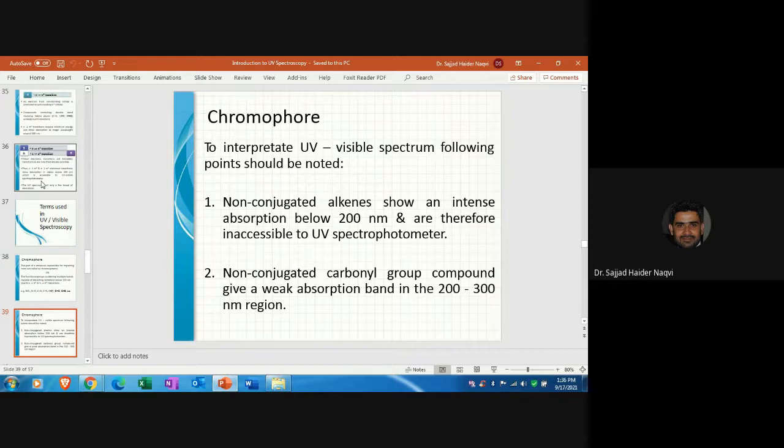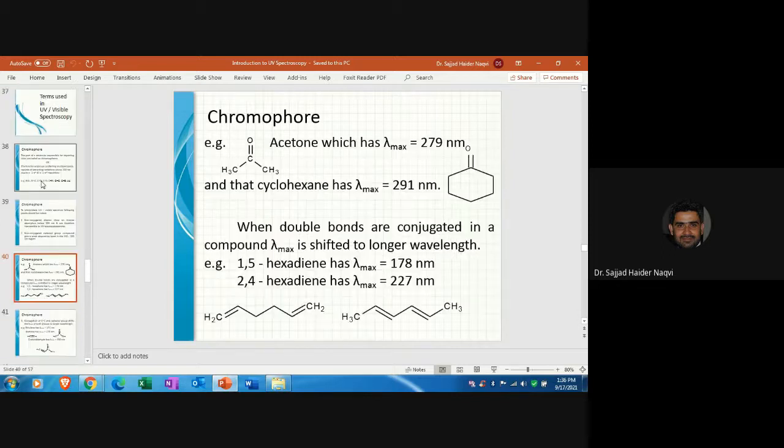So this one point has to be understood: if the compound is capable of absorbing radiations above 200 nanometer, typically in the range of 400 to 700 or 800 nanometer, then we can use visible spectrophotometry. In the case of non-conjugated carbonyl group compounds, they have a weak absorption in the range of 200 to 300 nanometer region.